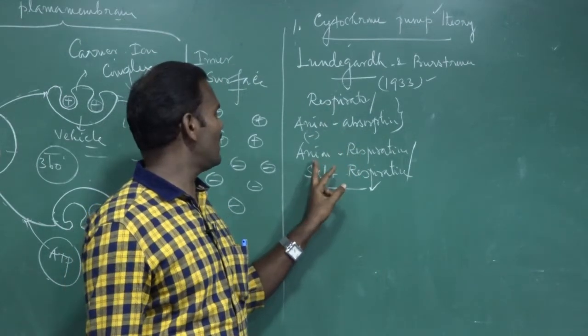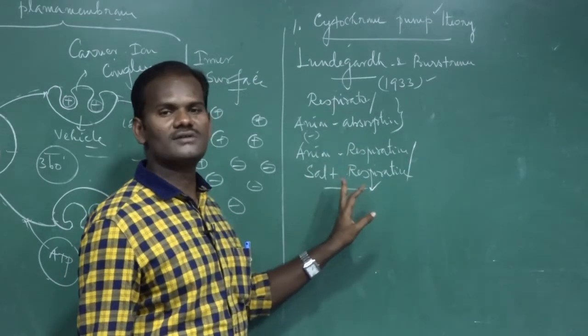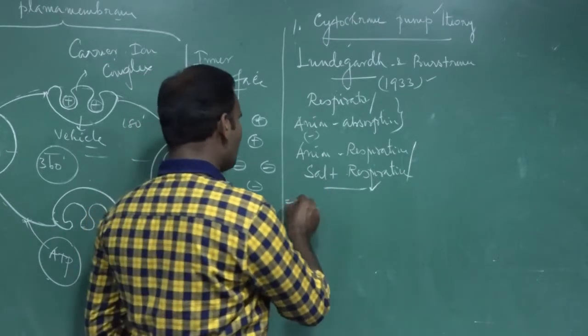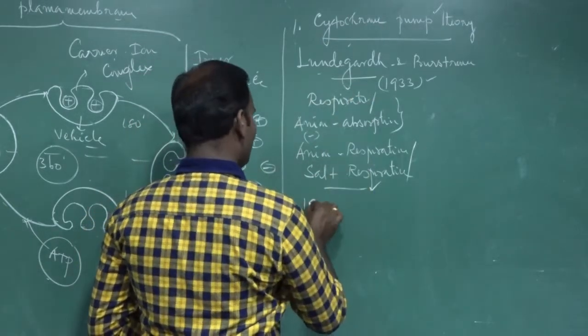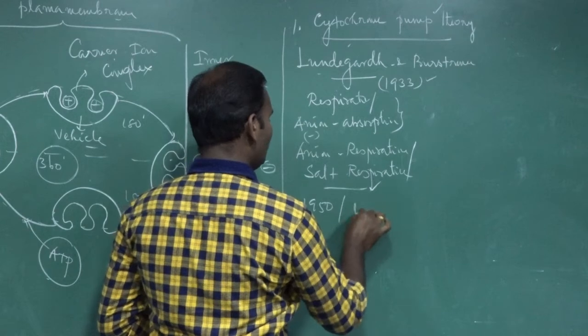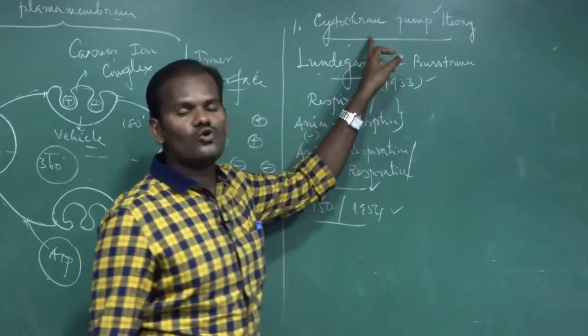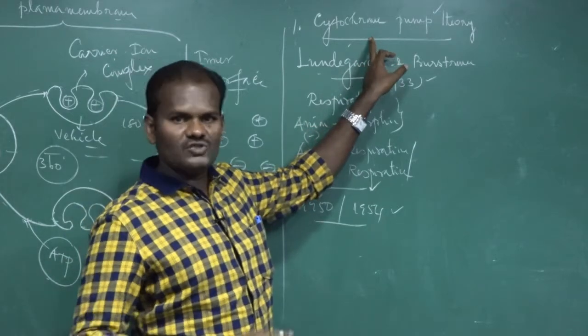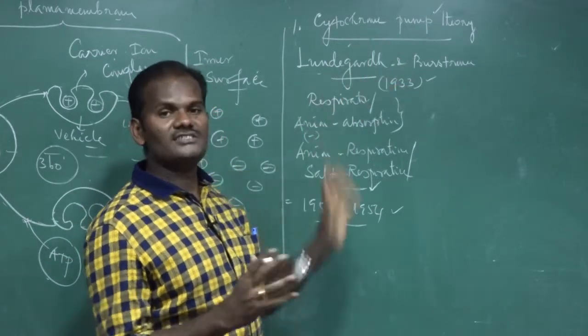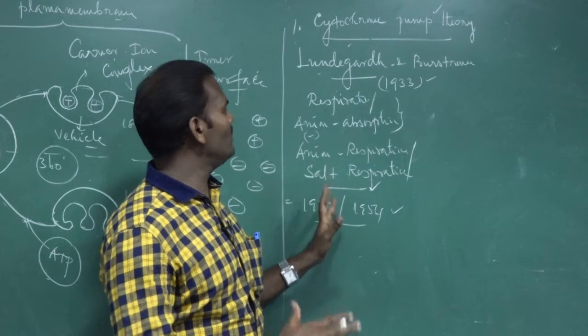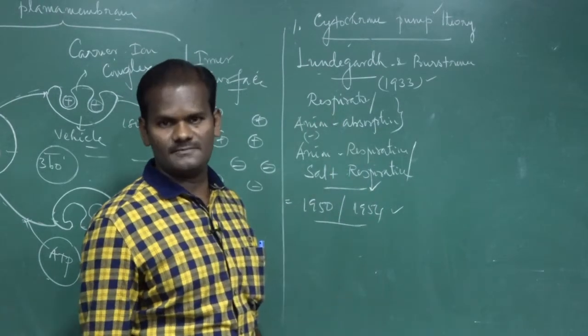So it is called anion respiration, also called salt respiration. Based on this observation, Lundegardh in the years 1950 and 1954 proposed the cytochrome pump theory.